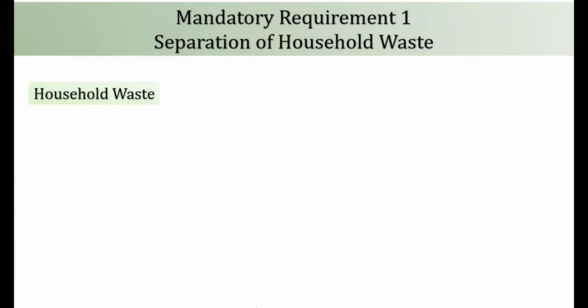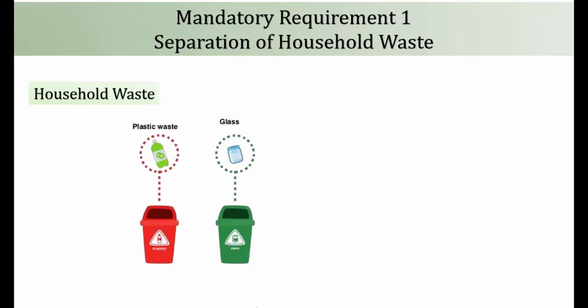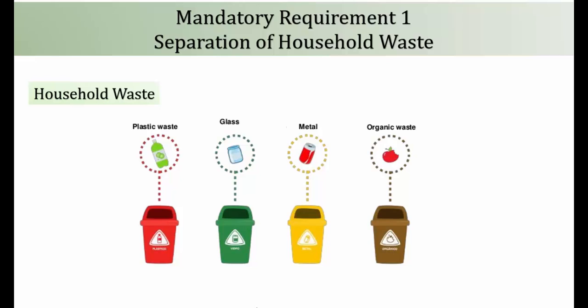First is separation of household waste. The mandatory requirement of this section is to segregate the household waste at the source, so as to prevent such waste being sent to landfills. Diverting waste from landfills can help to minimize land, water and air pollution.